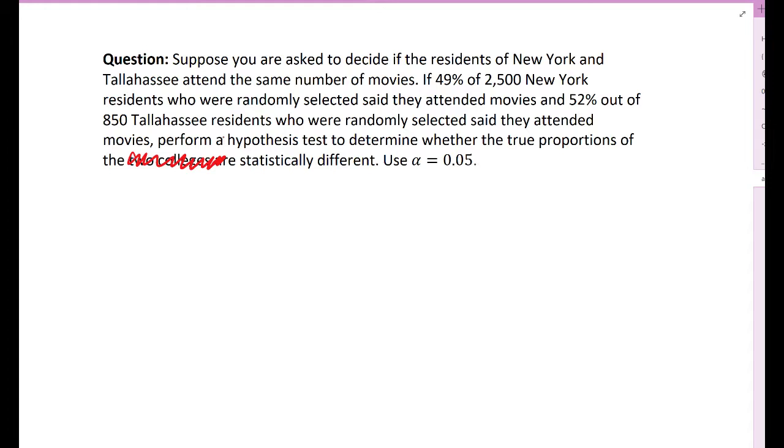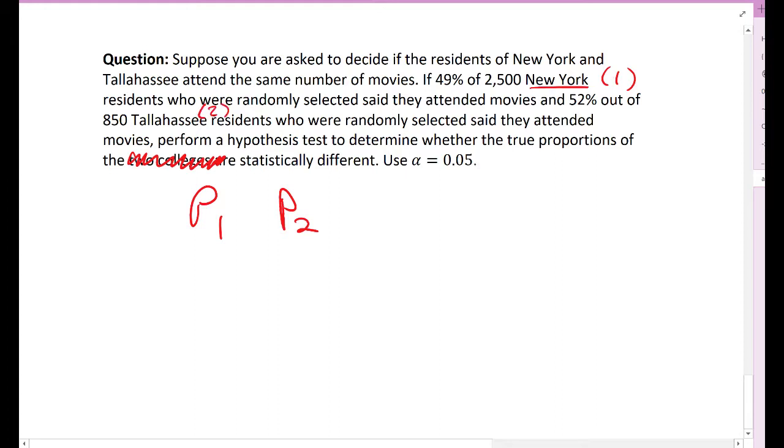Okay. All right. So we're going to compare P1 to P2. So I'm going to let 1 represent New York. And we're going to let 2 represent Tallahassee.